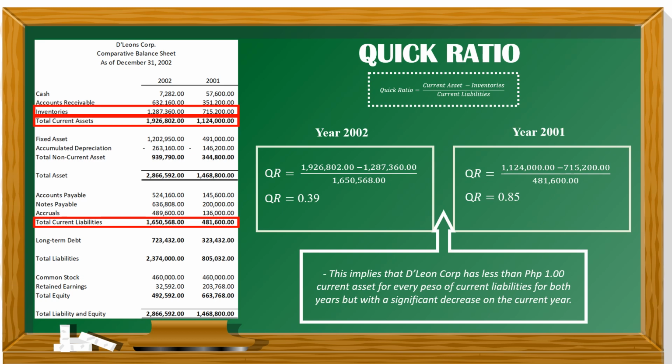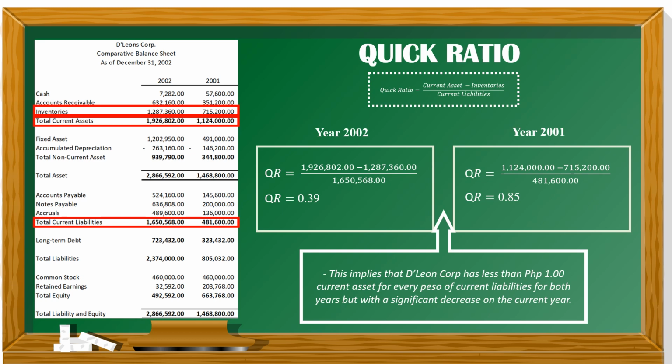Now, as you can observe in the De Leon Corp balance sheet, the total current asset, the majority of it belongs to the inventory. Okay, that is for both years. So that is the reason why there was a significant drop of its quick ratio from its current ratio.